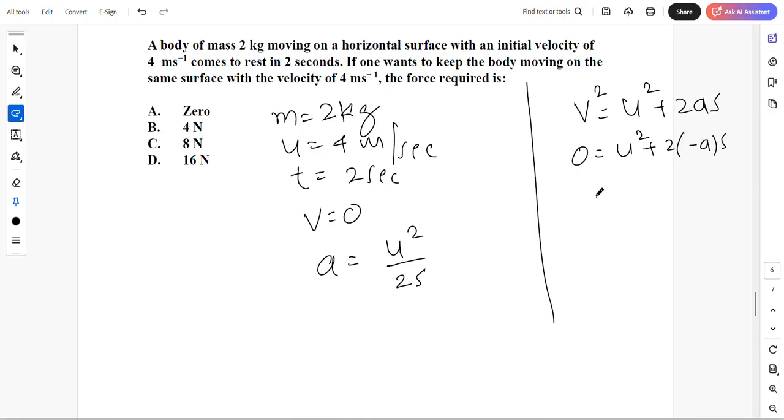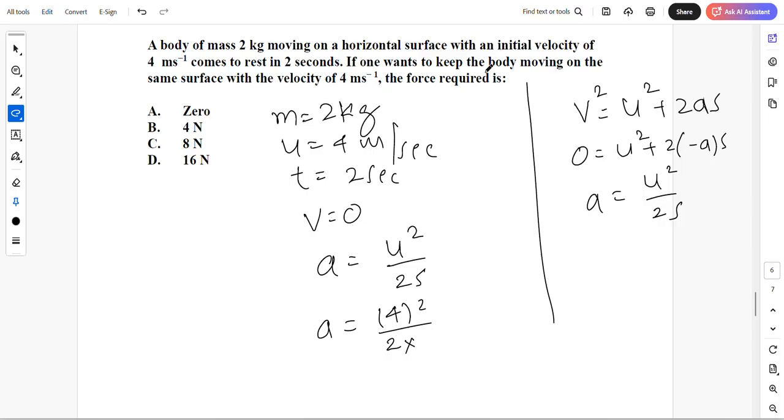So a is equal to u square by 2s. Calculate that one. u square is how much? 4 the whole square divided by 2 into s. Is s given? It comes to rest in 2 seconds.